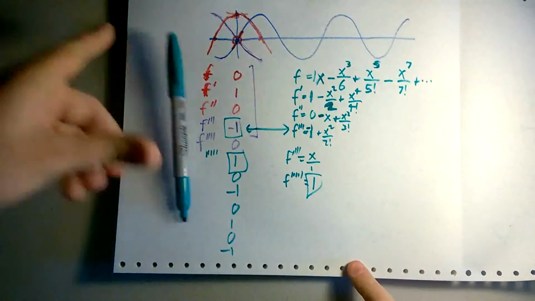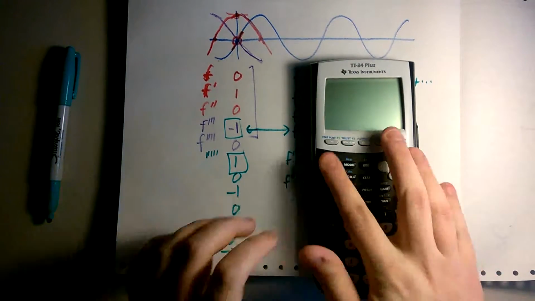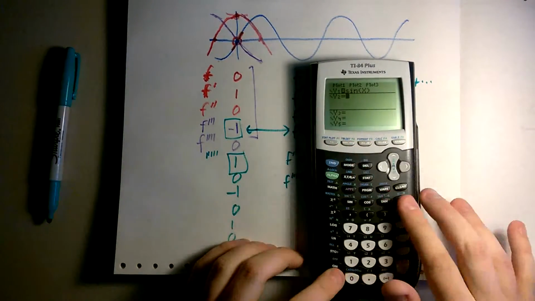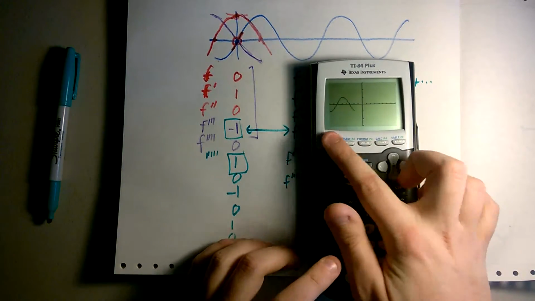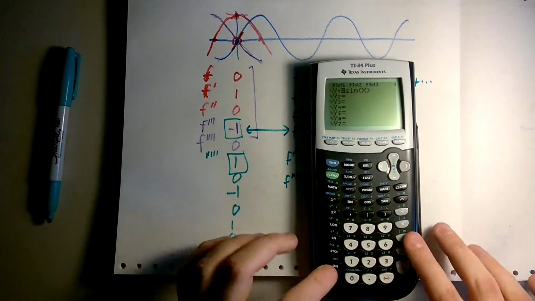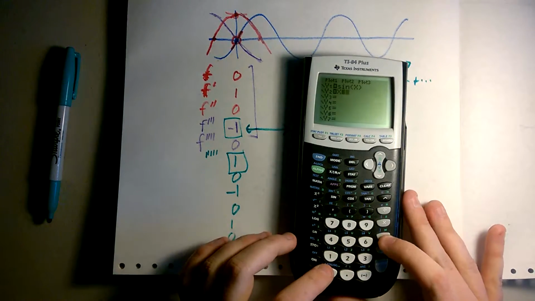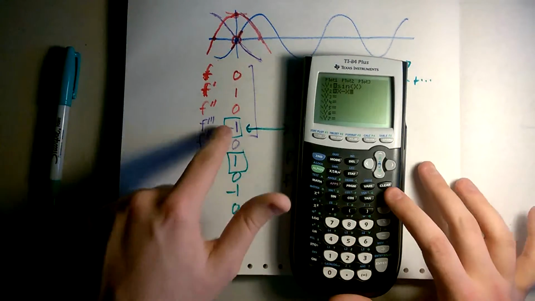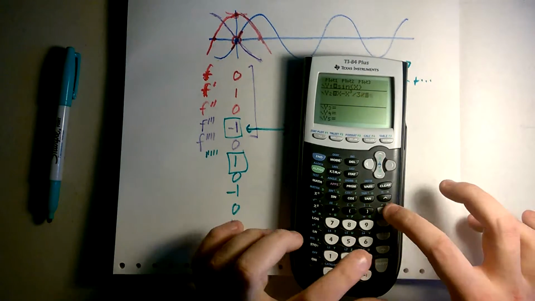And it continues from there. Let's check to see if it really does match up, and I'm not just making things up. Alright, so we have sine. That's going to graph like this. Yeah, you get the idea. Now we're also going to have just x. Then we're going to subtract this one because we have that negative 1 slope. It's going to be x cubed divided by 3 divided by 2.